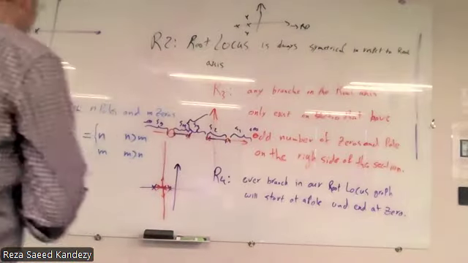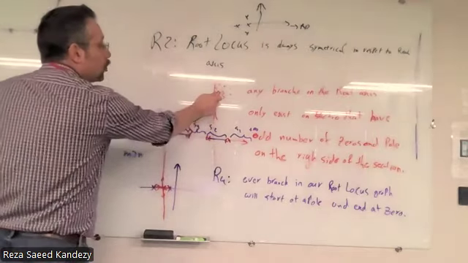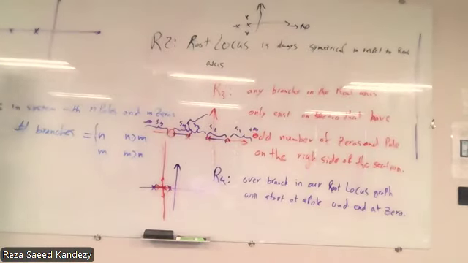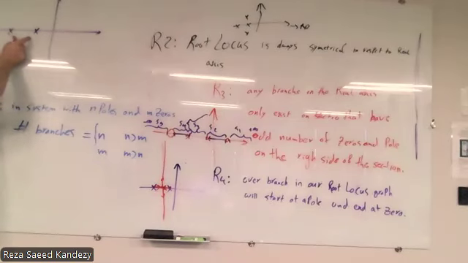Now, using rule number 3, would this section include any branch on our sketch? This section? No? Okay, so we don't have any branch here. How about this section?